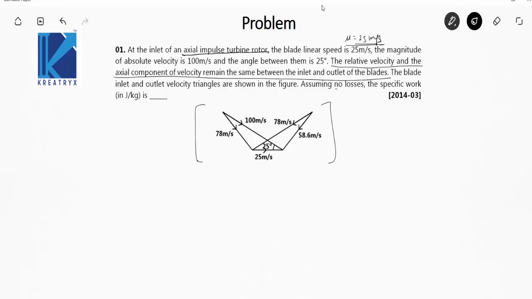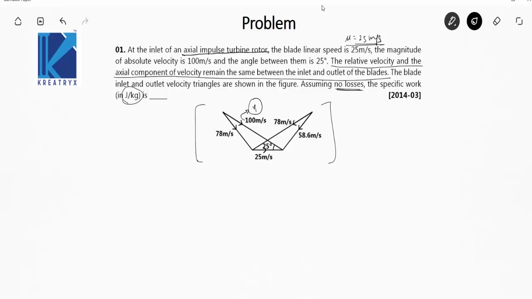Assuming no losses, the specific work in joule per kilogram is, take care of the units, in joule per kilogram. So from this velocity triangle and the data which have been given to us, the magnitude of absolute velocity is 100 meter per second. So this becomes v1.